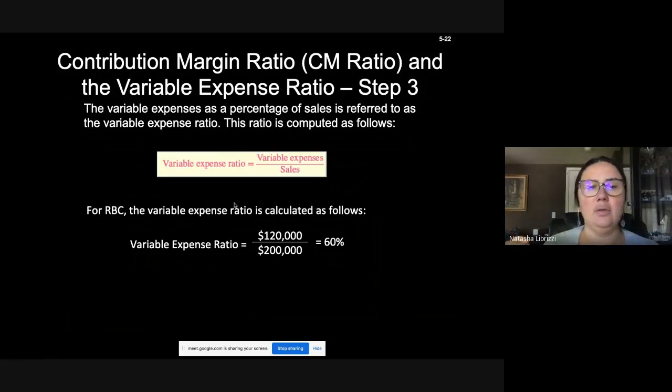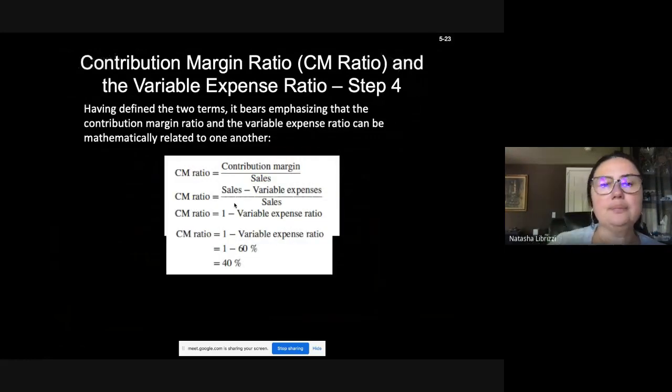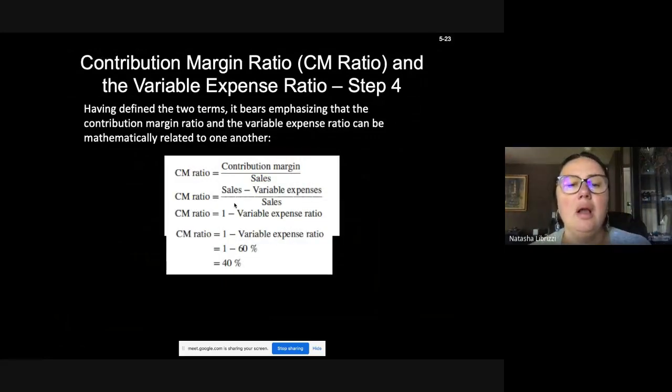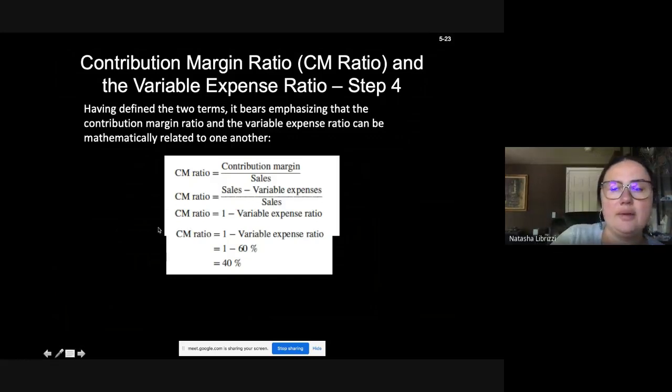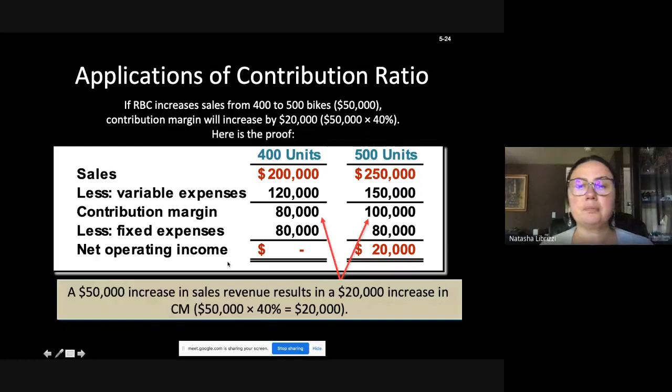That's another way of looking at this. And this is summarized right here. So 100%, which represents 1, minus 60 is 40%. So that's something I just summarized.